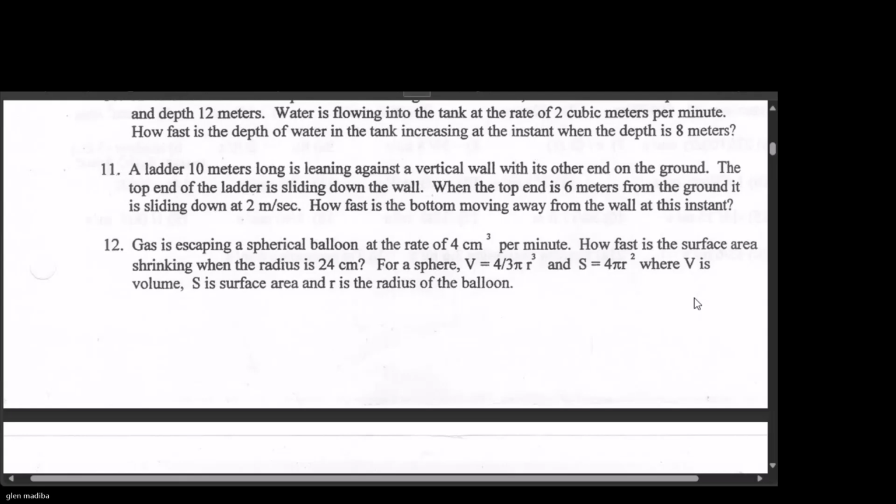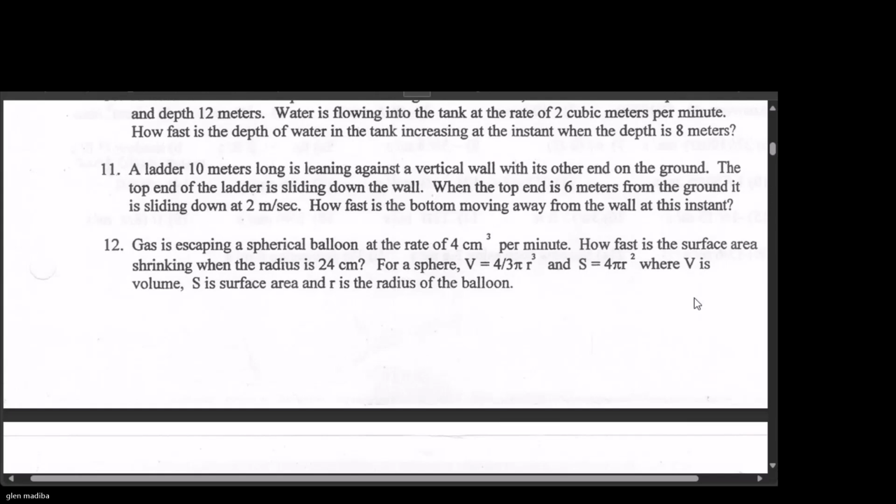Because that centimeters cubed, the cube tells us that it's the change in volume, right? Yes, exactly. Because it's also saying the balloon, which is filled with a volume of air, is getting less as the air escapes, right? Precisely, yes.